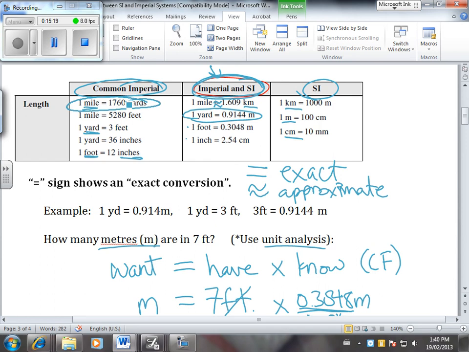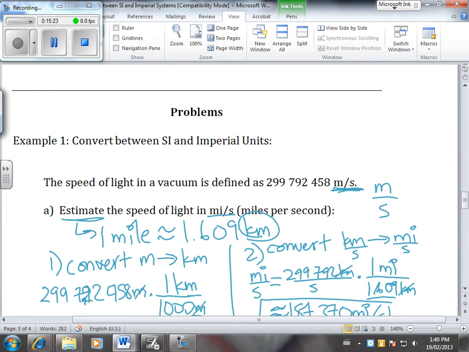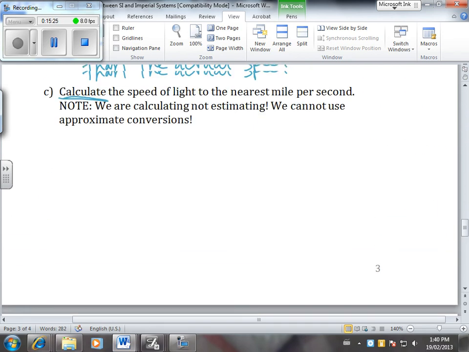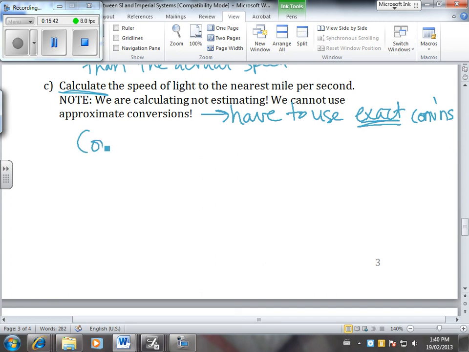Okay? So, how do we do that? First, we'll start by going from, so we have to use exact conversions. So, in order to do this, we'll have to do two steps.